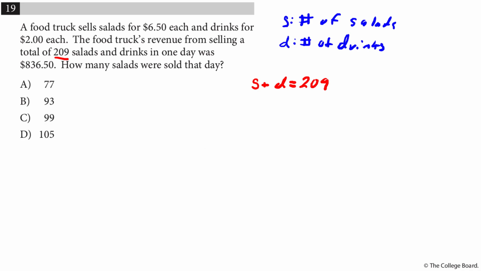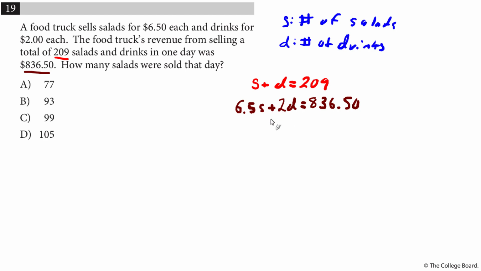On another note, I know that the food truck has made $836.50. So that means $6.50 for the salad, so 6.5S, plus $2 for the drinks, 2D, is equal to $836.50. Now, I'm going to finish this off.